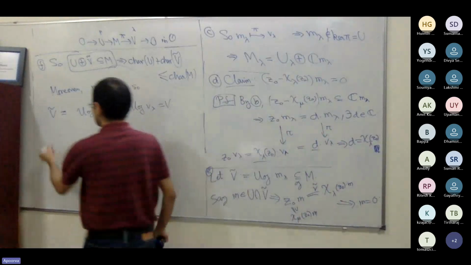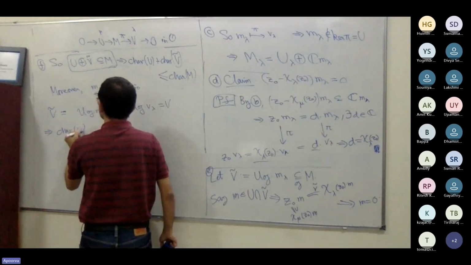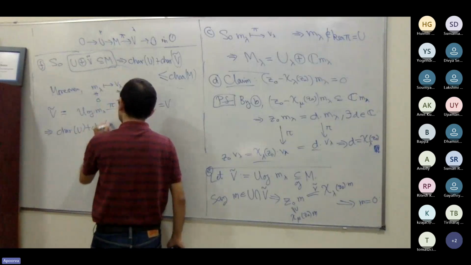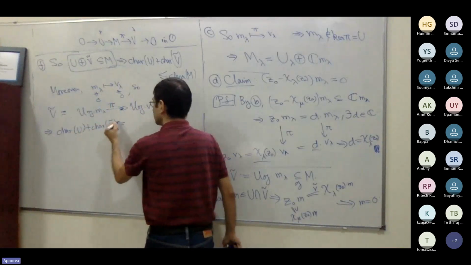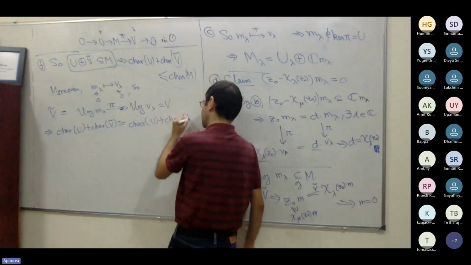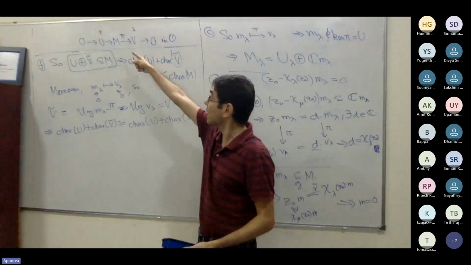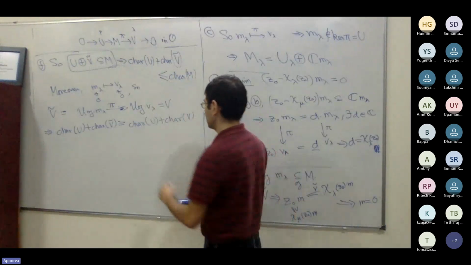And so the character of U plus character of V tilde is bigger or equal to the character of U plus character of V. And now, because of the short exact sequence, the characters add up because M is still H semi-simple in category.